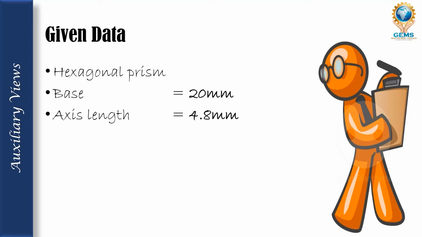And next, the axis length is given as 48 mm. This axis length means how much it is extruded. If a hexagonal prism is there, from the front it looks like a rectangle, but if you come to the side it will be extruded. The total length of the prism comes under the axis length.